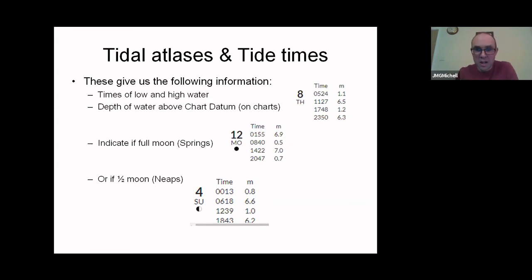And you can see between these two, so on the 12th of April, the tidal range there is, what's that, 6.4 meters for the spring tide. And then on the neaps, you've got actually 5.2 meters.